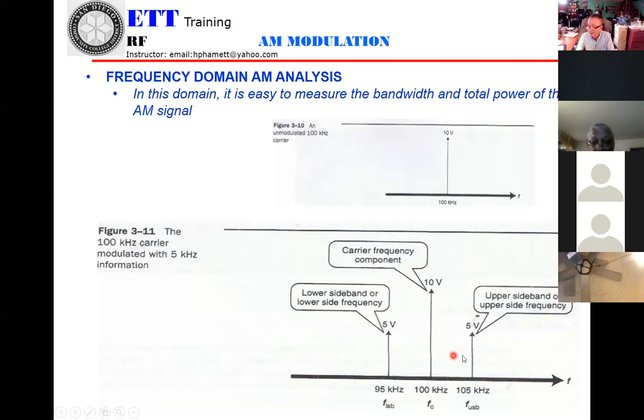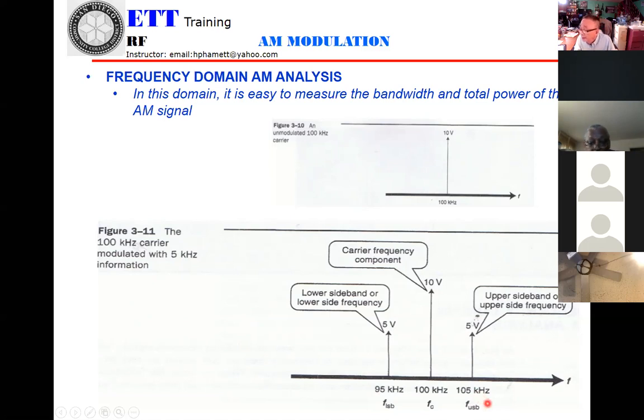You see that? The thing is, when the 5 kilohertz goes to the modulator, you get the upper sideband and the lower sideband. So the upper frequency will be 100 plus 5. So that's why you get 105 kilohertz.